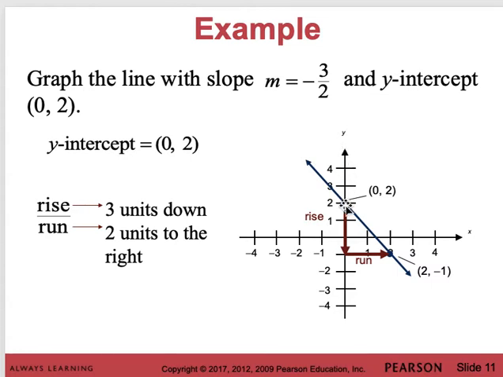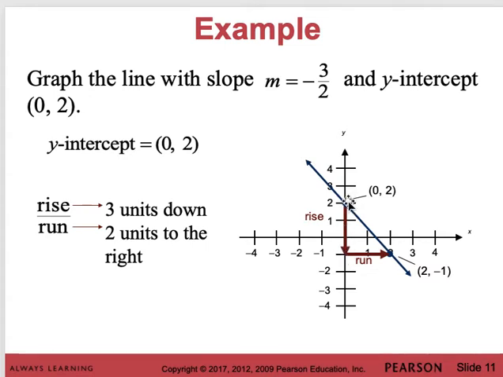I'm going down because it's negative, 1, 2, 3, and positive 2 over. Down 3, over 2. I could continue and continue, and this line would continue to go in a negative direction.